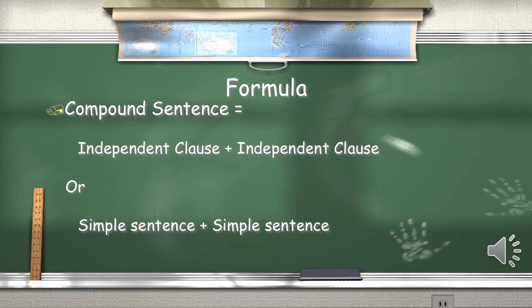So to write a compound sentence, we need two independent clauses or two simple sentences that join together by coordinating conjunctions or semicolon. And sometimes we call coordinating conjunctions fanboys.